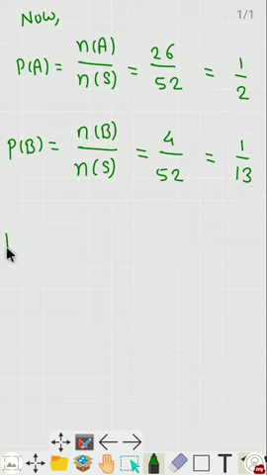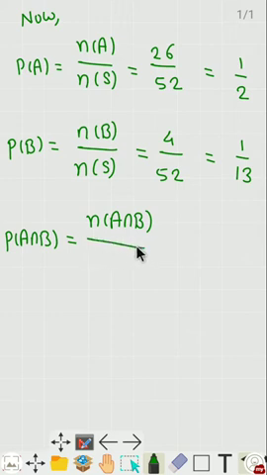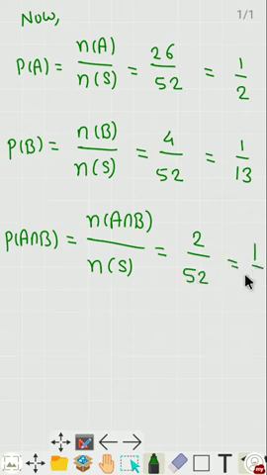Now we find the probability of event A intersection B, which is n of A intersection B divided by n of S. The intersection contains 2 cards only, and n of S is 52, so it is equal to 1/26.